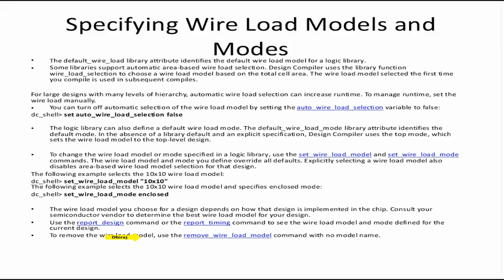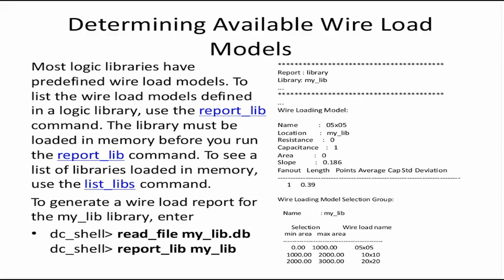Now, for all the commands I am discussing in these lectures, please go back to your example design, whatever you are synthesizing during your experiment, and use these commands to verify. Use the command report_lib, for example, to verify that your standard cell library indeed contains some wire load models.